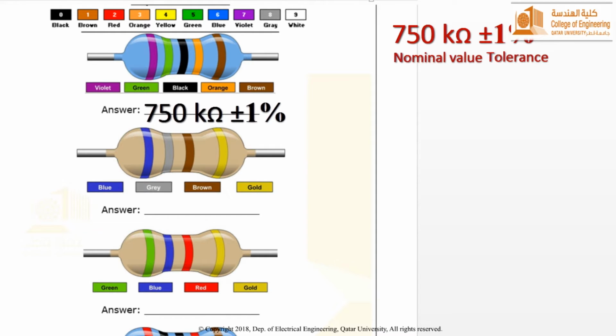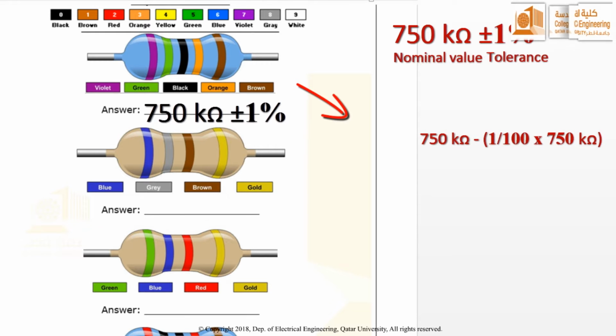What does this imply? It implies that the manufacturer confirms that the resistor value would be 750 kilo ohm minus 1% of 750 kilo ohm.